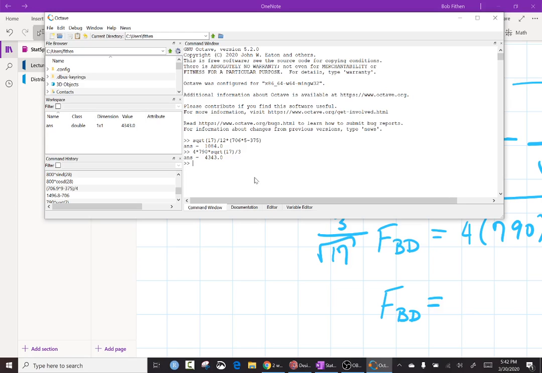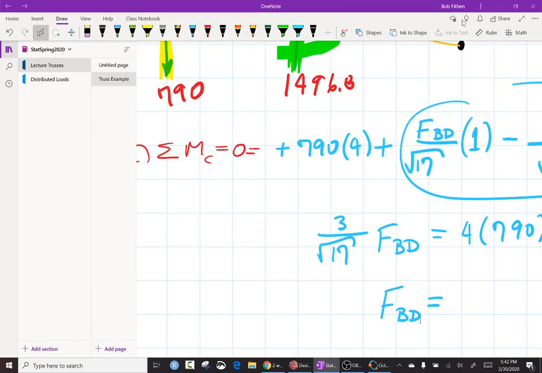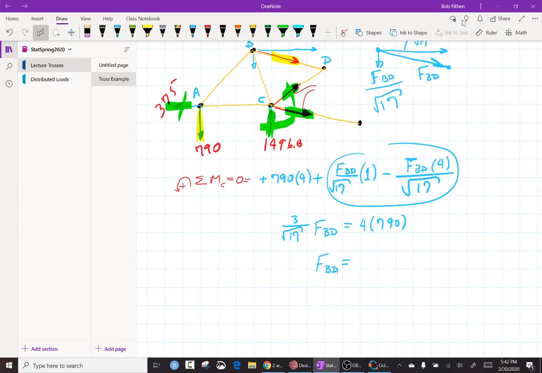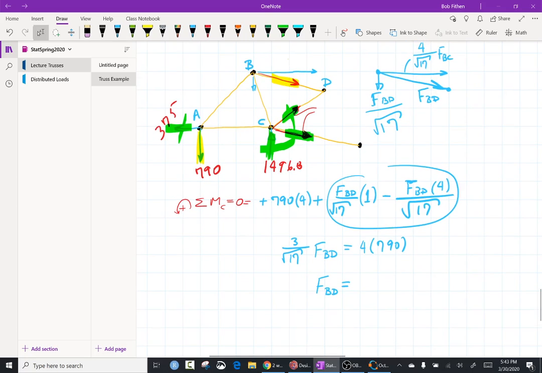So let's look back at what I did not include here. Okay, I slipped. Let's think about this. Four times 790 positive, 1 FBD square root, minus 4 over square root of 17.